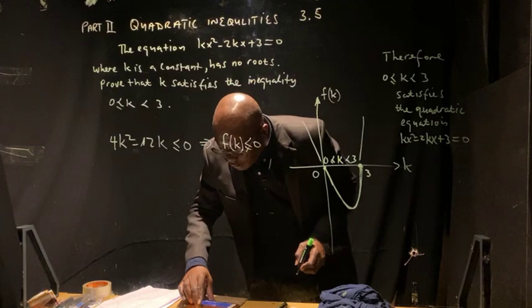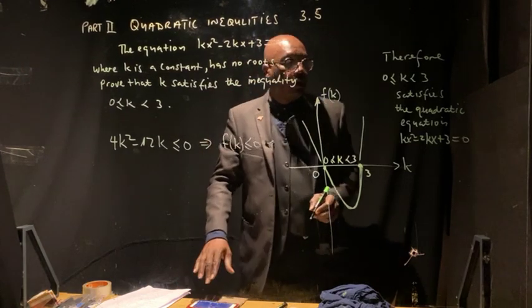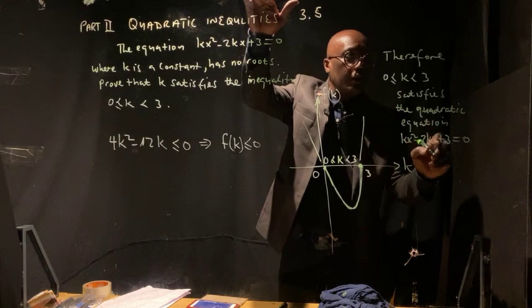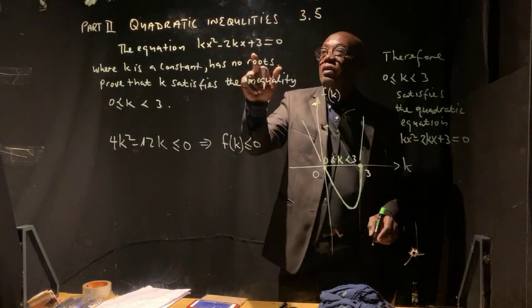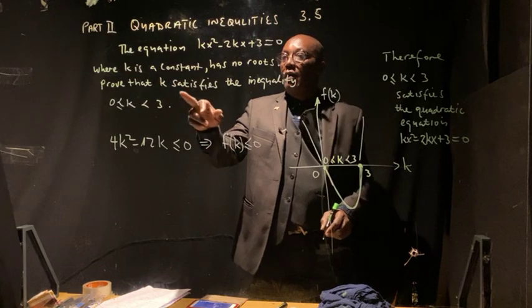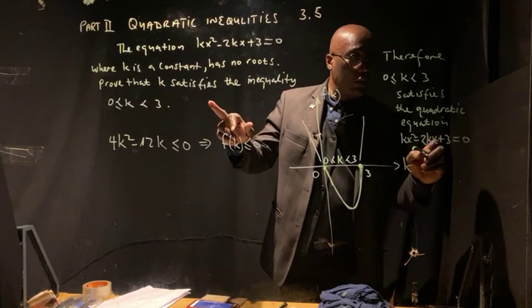Can you see it? Yeah, you can see it. Minus 2kx plus 3 equals 0, which is correct. We'll have no root.